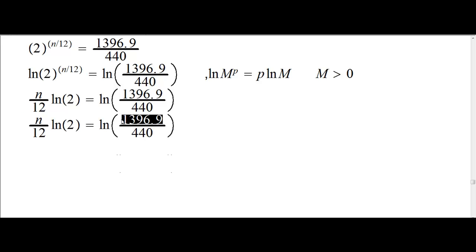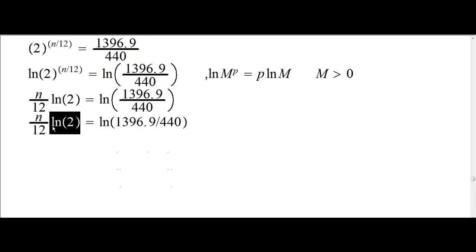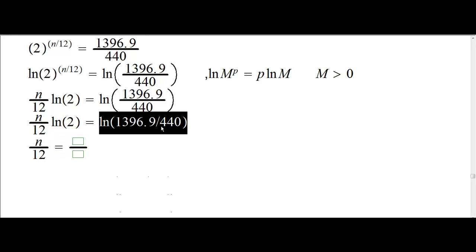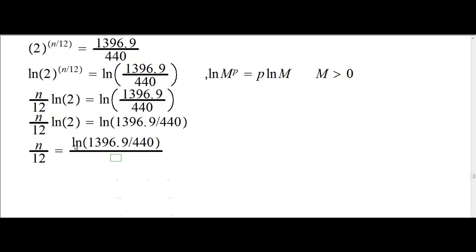So we have this divided by 440. Now the next thing we can do, to remove this from the left hand side, is divide by ln of 2, right? So we got n over 12, and then here we have this divided by ln of 2.